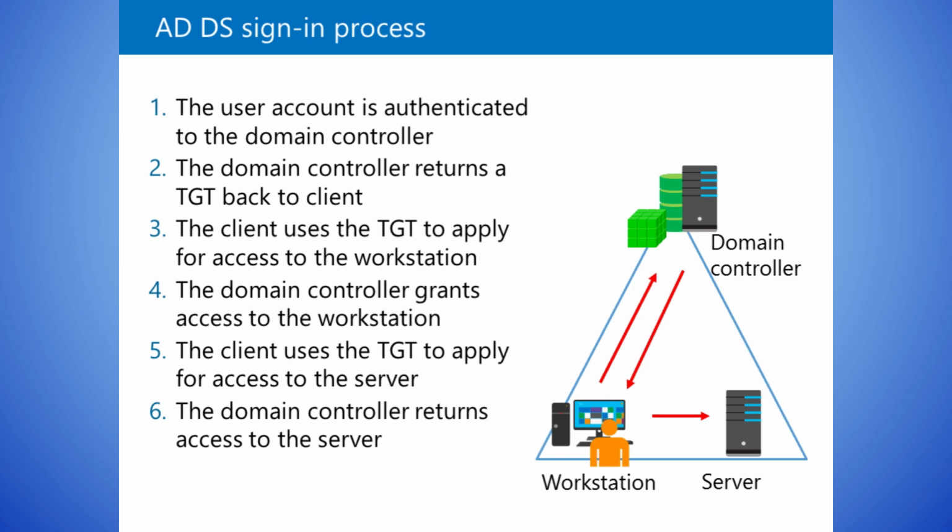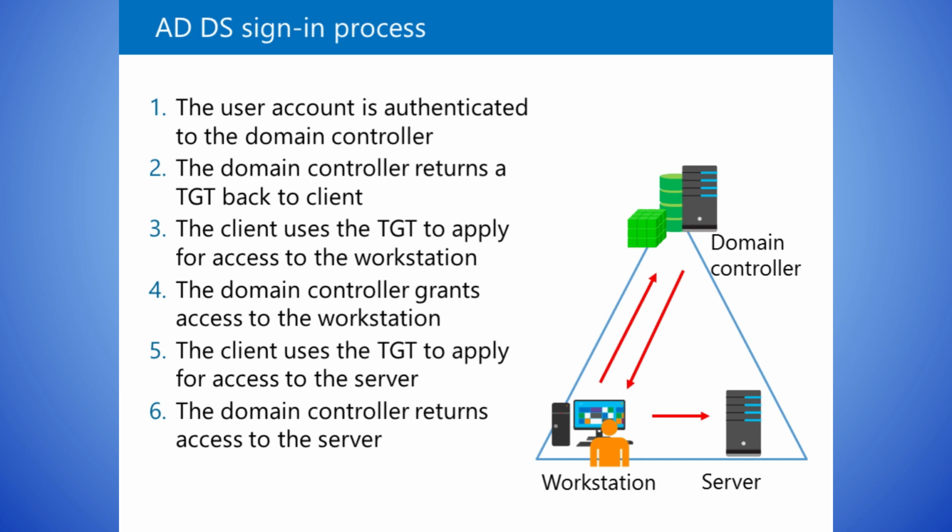Although the sign-in process appears to the user as a single event, it consists of two parts. The user provides credentials, usually a user account name and password, which are checked against the ADDS database. If the user account name and password match the information stored in the ADDS database, the user becomes an authenticated user and the domain controller issues the user a TGT.